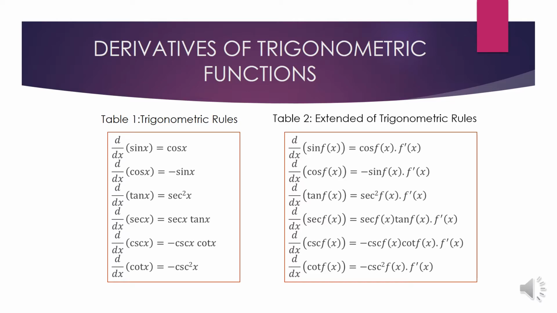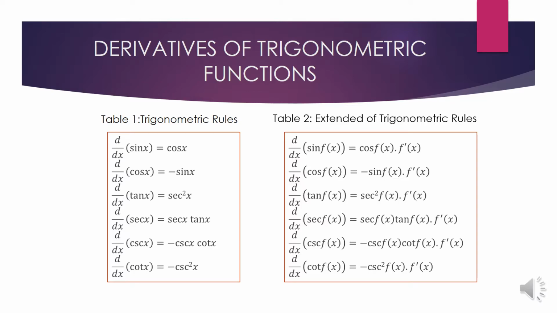Similarly, if we look at the second row of table 1, if we differentiate cos x, we will get negative sine x. And if we move to the second row of table 2, we differentiate cos f(x), we will get negative sine f(x) and multiply with f prime x. The differentiation follows exactly the basic trigonometric rule for differentiation of cos x.